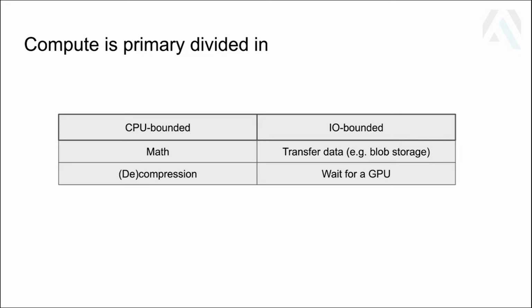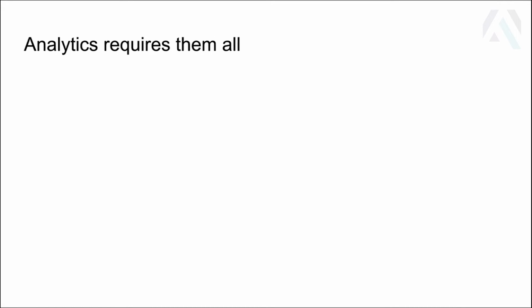So you have these two types of compute models, or compute properties, and these are properties of functions, properties of the API. When you run an API, it is a property of whether it is CPU bounded, IO bounded, or a mixture.